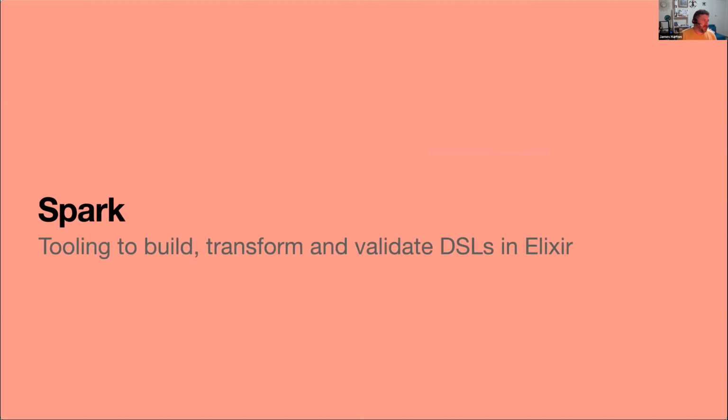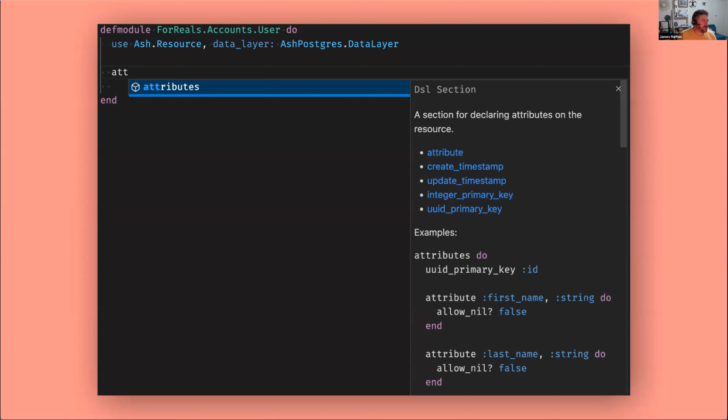Regarding Spark, because it is an important part of how Ash works, I've tried to think of a good screenshot that would show what it is, but really, I think the most exciting part is that I define my resources and my other parts of Ash using a DSL, and it's type checked.